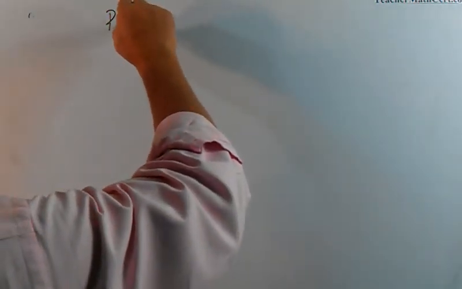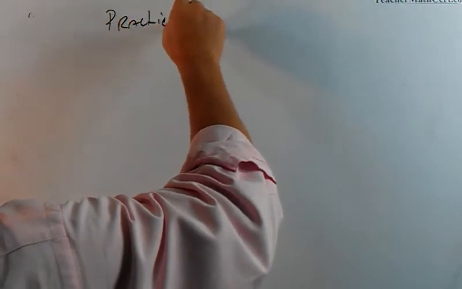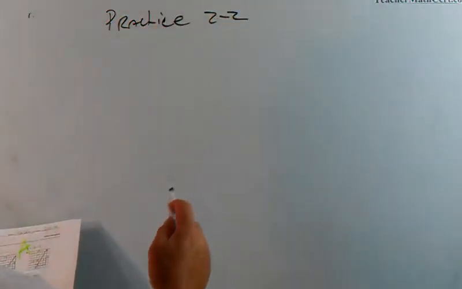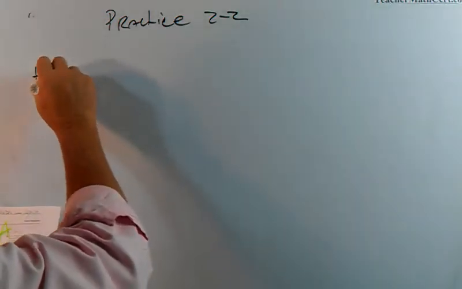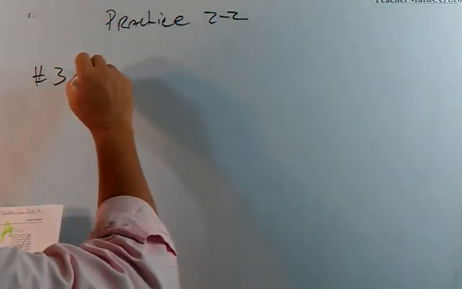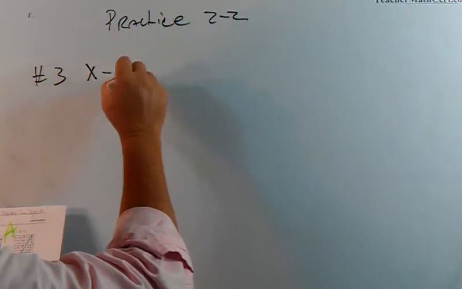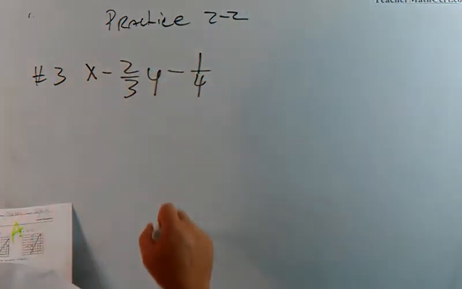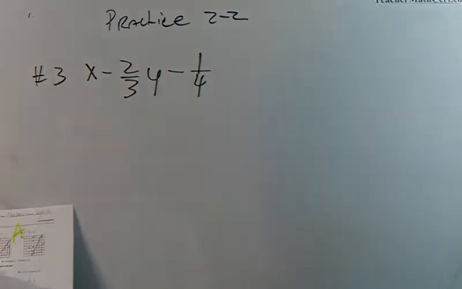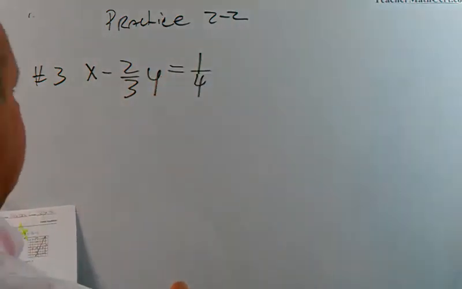Practice 2-2. We're finding the slope of each line. Number 3 is x minus 2/3 y equals 1/4.